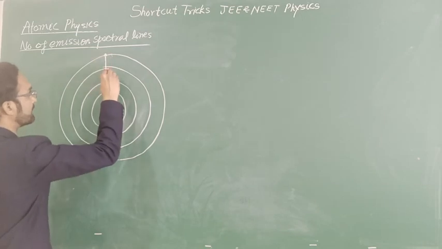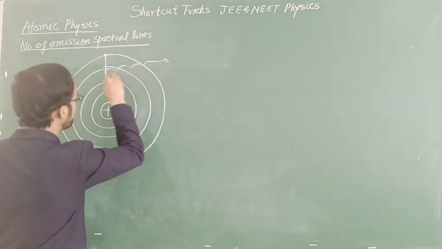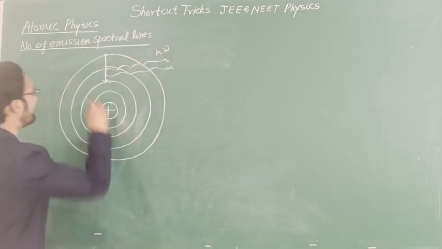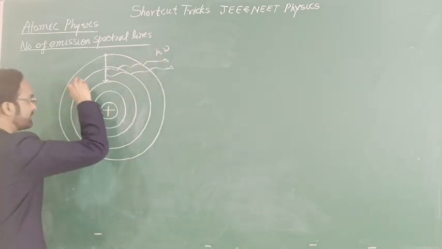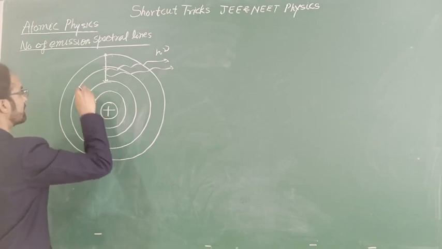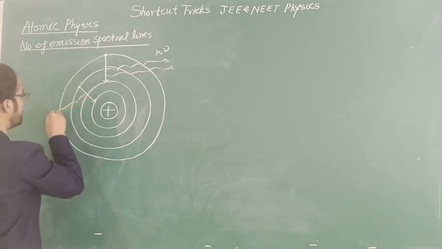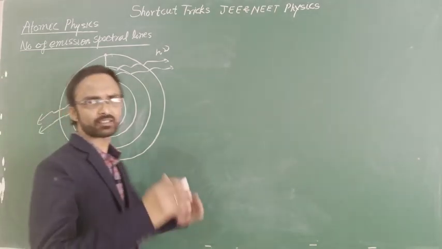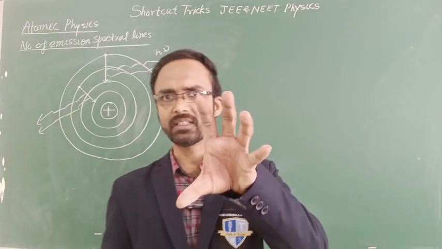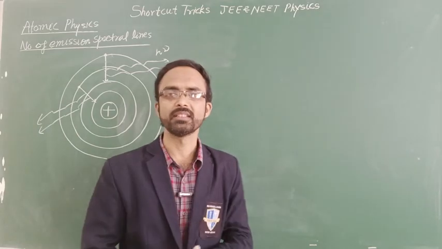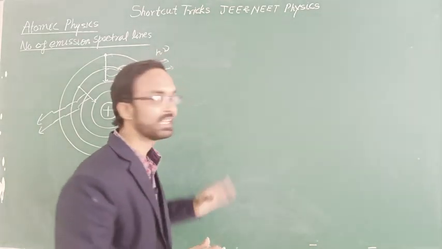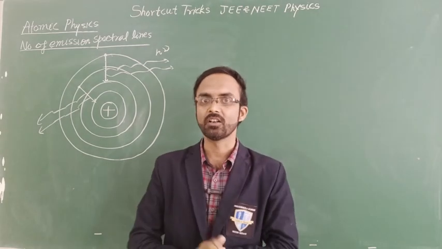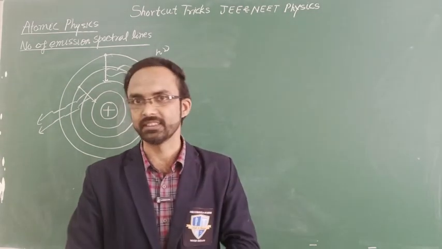Then it emits radiations, and suppose this electron from this state falls here, then also it emits radiations. So when electrons fall from any higher orbit to any lower orbit, it emits radiations, and these radiations are of different wavelengths. So we observe a spectral series.